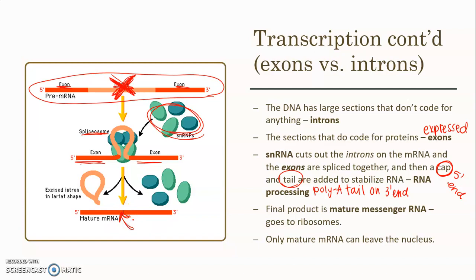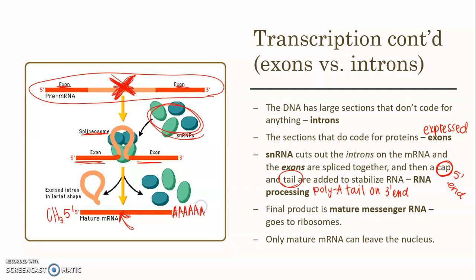Yay! And then what they're not showing you is that there's going to be a 5' cap over here. It's actually going to be a methyl cap, which is a CH3. You don't need to know that, but if it's a hydrocarbon made up of only one carbon, that's called a methyl group. So it's a 5' methyl cap. And then on the 3' end, they're also not showing you the poly-A tail because they're not really showing you any of the RNA nucleotides.